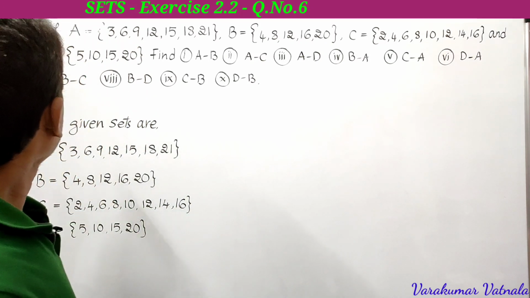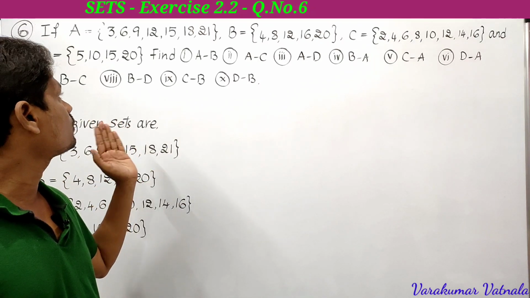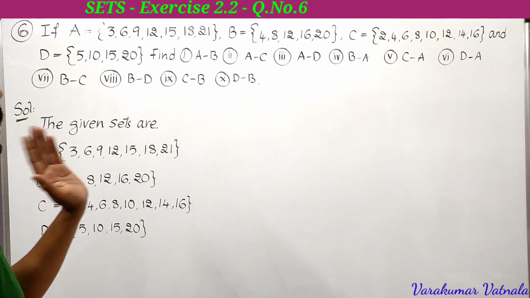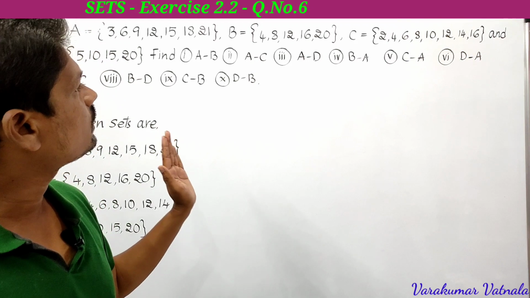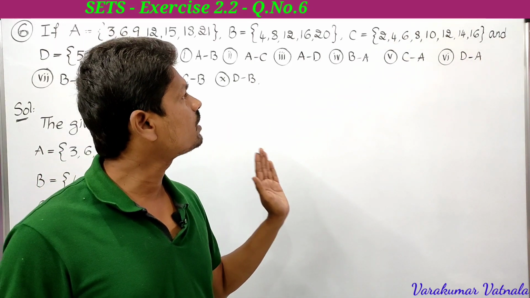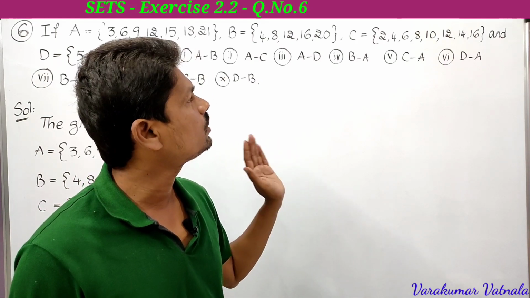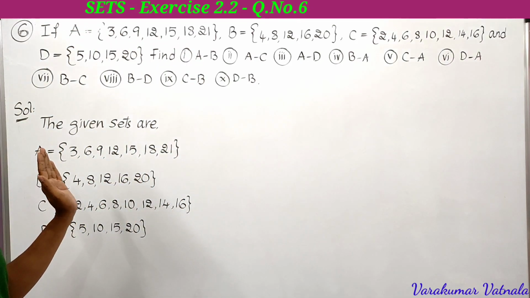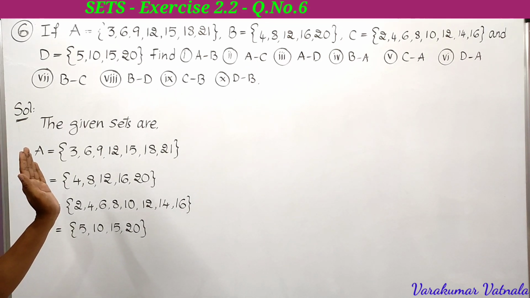If A is equal to the set of 3, 6, 9, 12, 15, 18, 21, B is equal to the set of 4, 8, 12, 16, 20, C is equal to the set of 2, 4, 6, 8, 10, 12, 14, 16, and D is equal to the set of 5, 10, 15, 20.